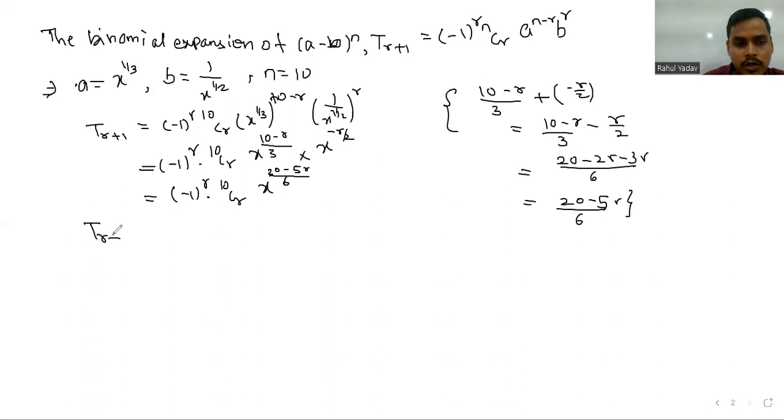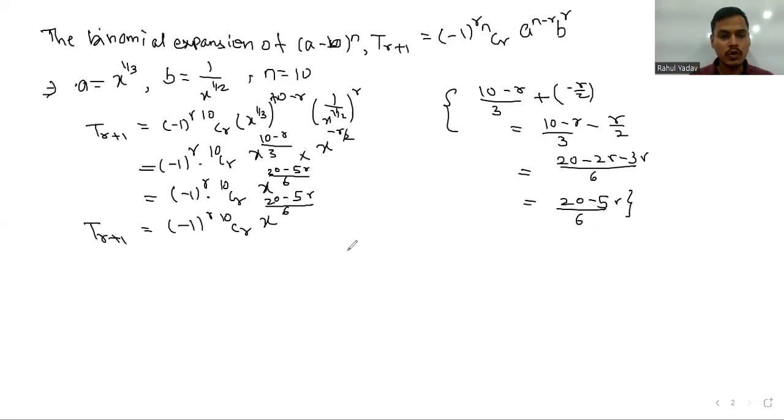So what we get, the general term is T(r+1) equal to minus 1 power r 10Cr x power (20 minus 5r) divided by 6. So student, as you know, to find the coefficient of x power minus 5, we need to find the value of r.